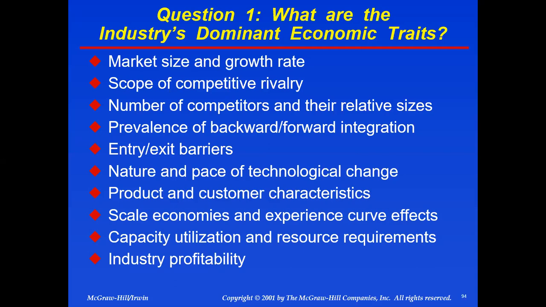And obviously the PIE analysis we discussed in the earlier sessions, potential industry earning, or focus upon industry profitability. So these are the factors we need to talk about when we are concerned with an industry's dominant economic traits.